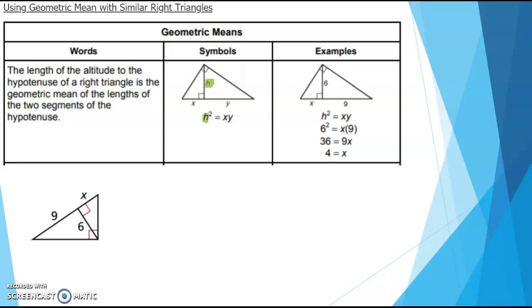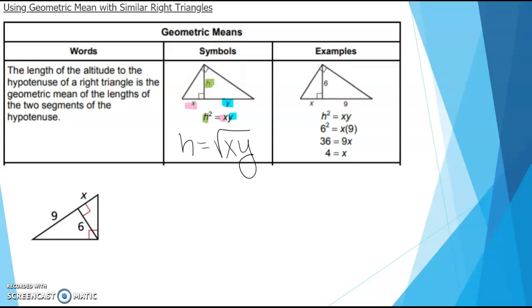And that altitude splits my hypotenuse into two parts, x and y. So if I were to multiply x and y together, I should get h squared. I could also write this as h equals the square root of xy.